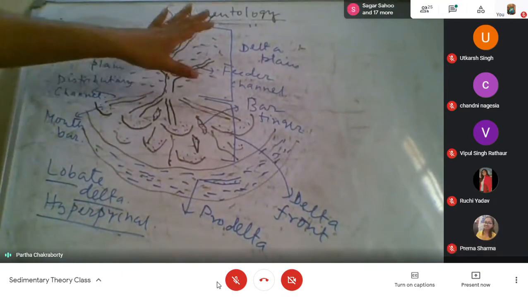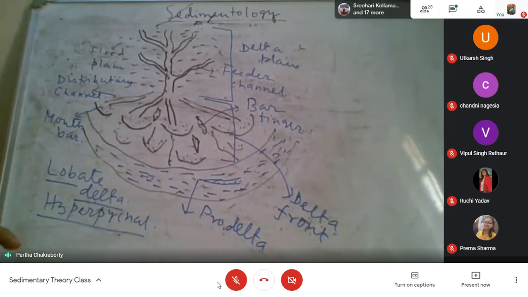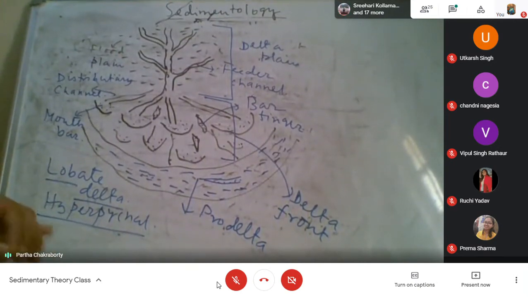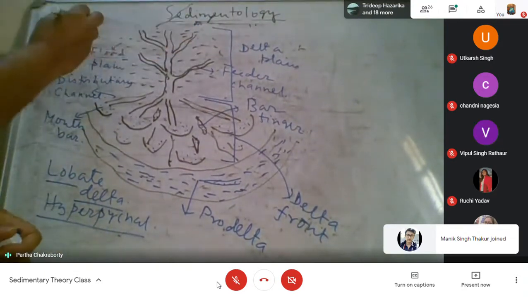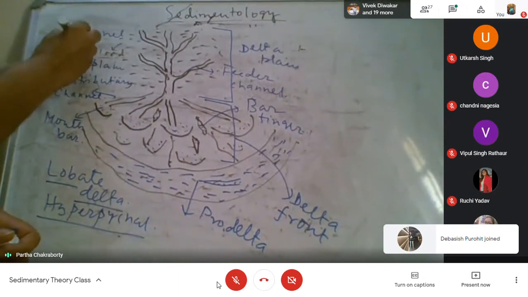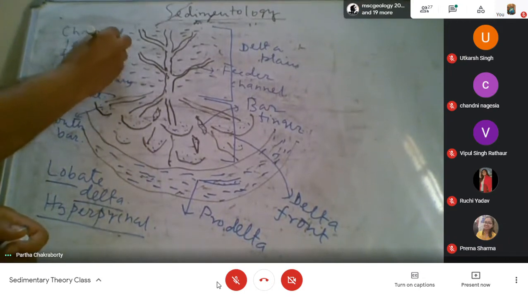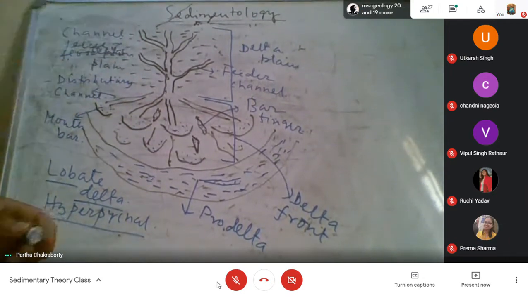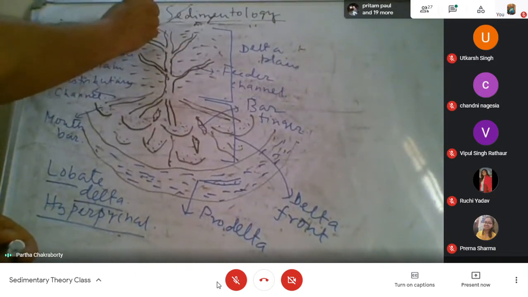Now, what is a delta plane? Delta plane is actually a channel levy flat plane system. So a delta plane is a channel levy flat plane. And this channel is the feeder channel of a delta.